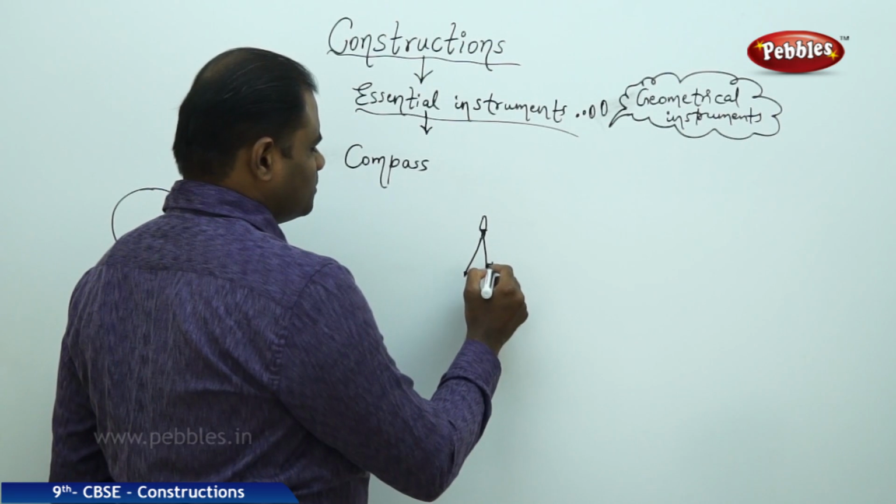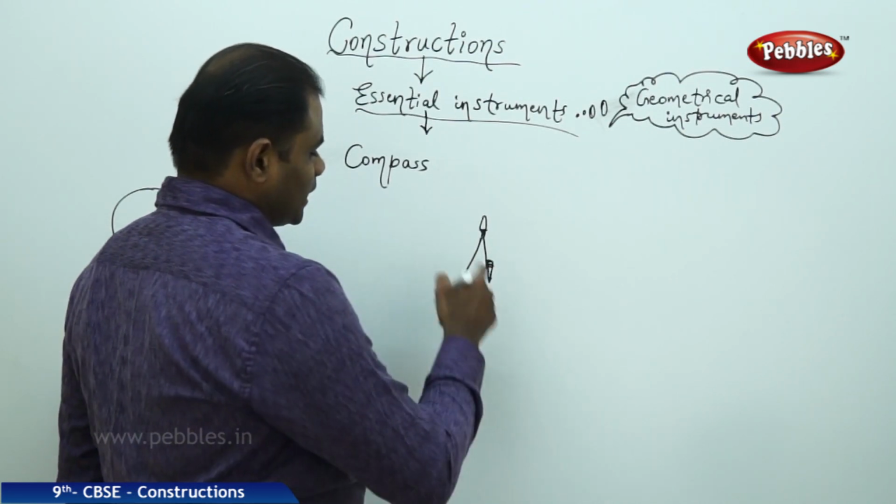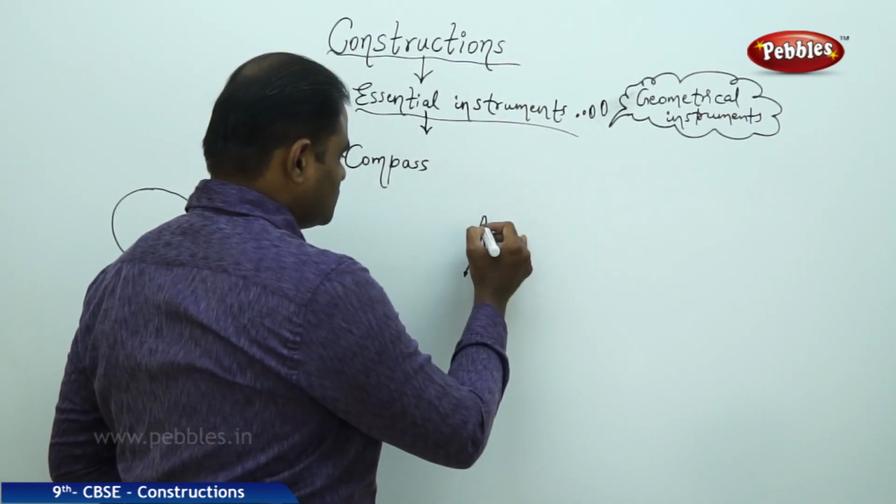So here I usually put a pencil, and then I can rotate through the compass.